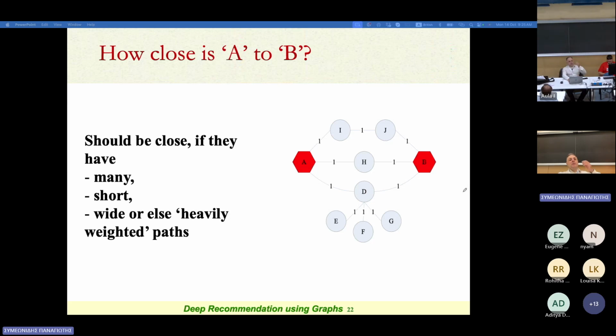For example, how many paths are connecting these two nodes, and the weight of the edges is also very important. If the paths that connect the two nodes are short, this may be considered a high indication of closeness, of affinity, of relevance between the two nodes.